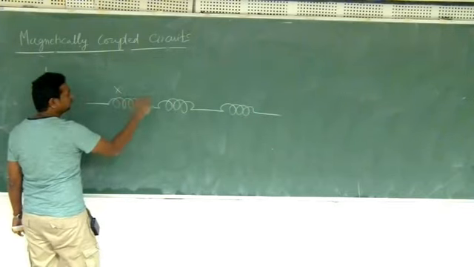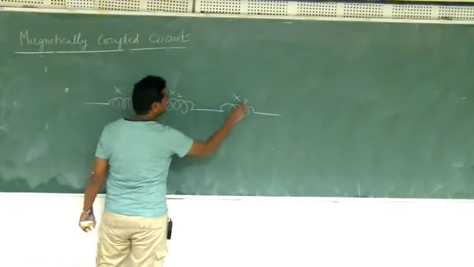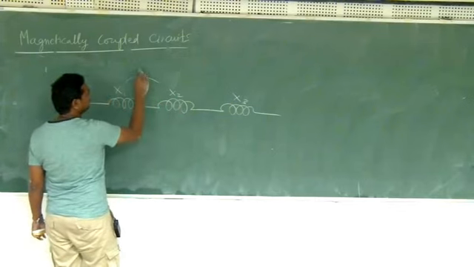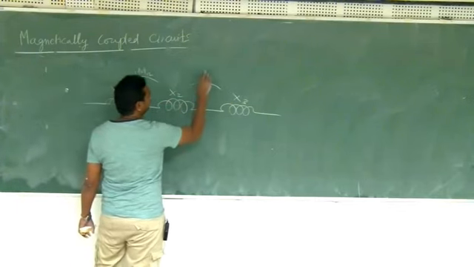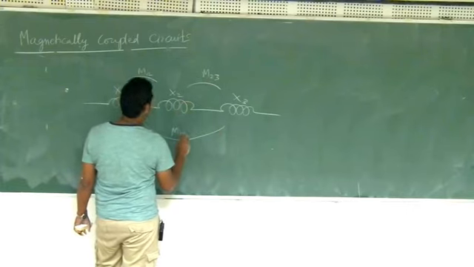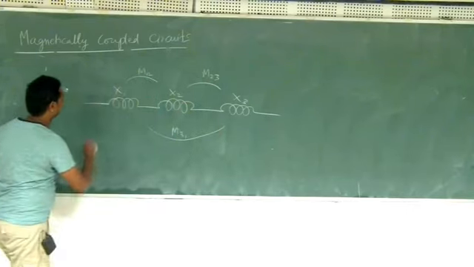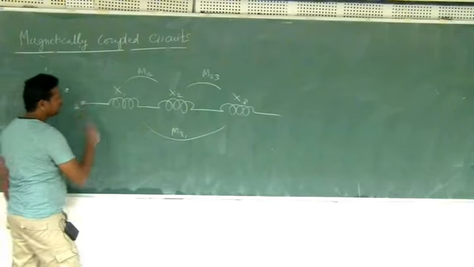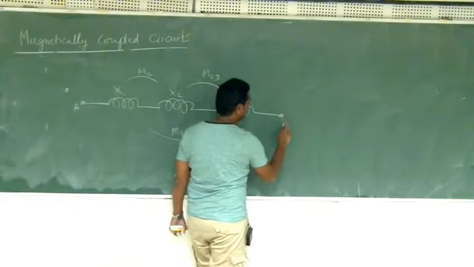So x1, x2, x3. This is M12, M23, M31. This terminal is A, this terminal is B.